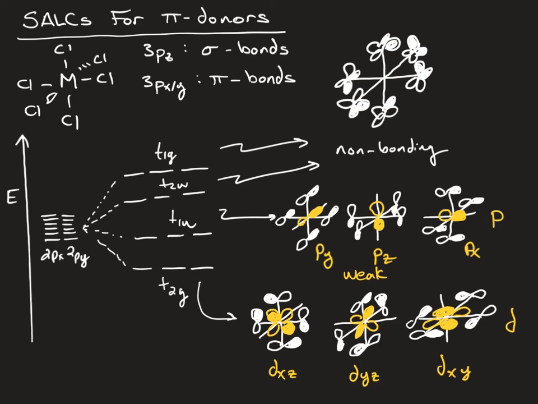Because of the directionality of the orbital ligand interactions, these will more strongly perturb the d orbitals than these interactions here will perturb the p orbitals.